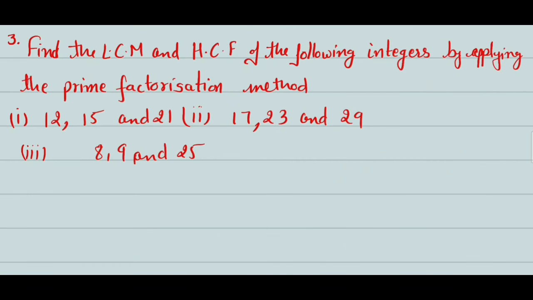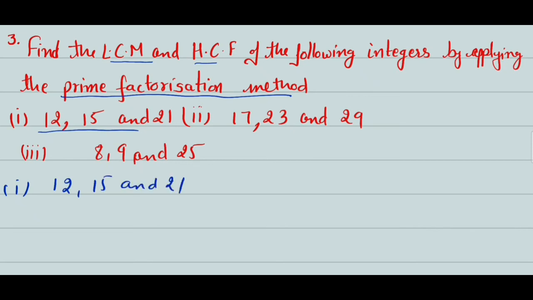Here the third question says find the LCM and HCF of the following integers by applying the prime factorization method. So here the first question is this. I'll do this question. We have to find the LCM and HCF of 12, 15 and 21. First we'll do the prime factorization of 12. So let's write the factors of 12.